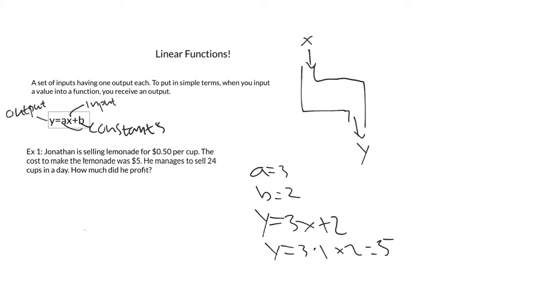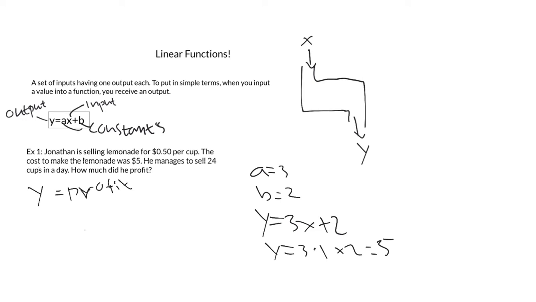So what we're going to do is set up a function for the profit. The function will look a little something like this. y is equal to the profit, because y is always the output of the function.